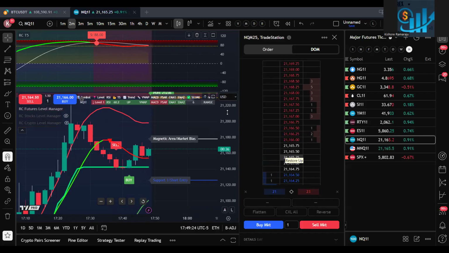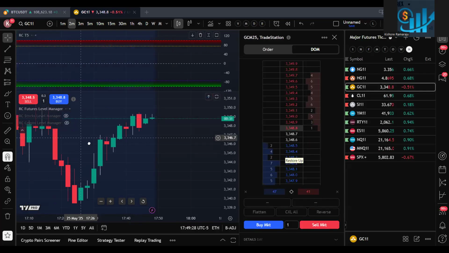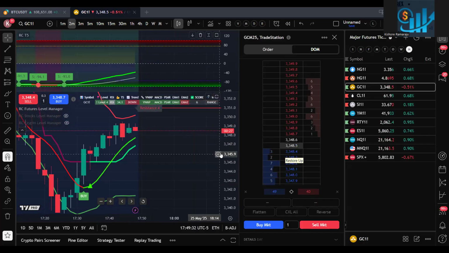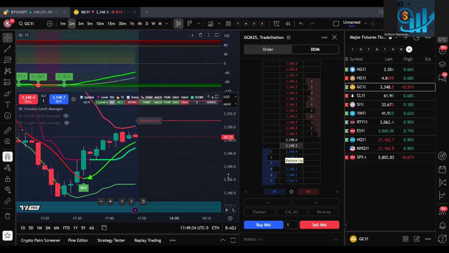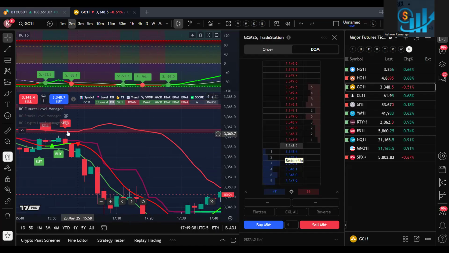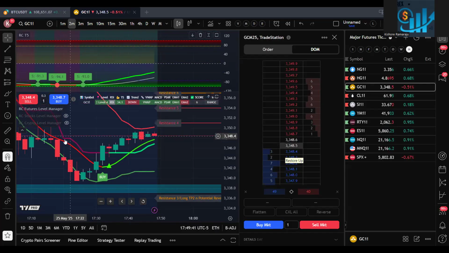If it is creating lower lows, like GC, if I get a sell signal, I'll only take the sell opportunities on GC, because I see that it came all the way down, dropped so much, then did a lower low, lower high. So if I see a sell signal, we can take short opportunities.